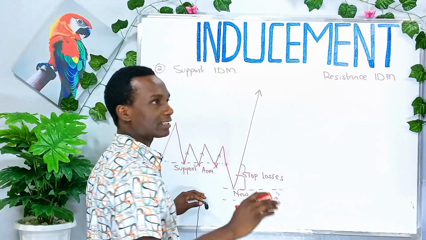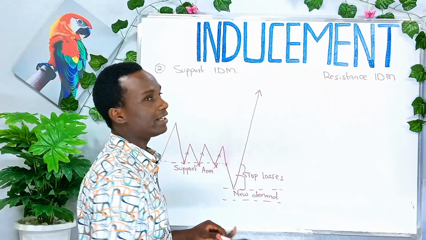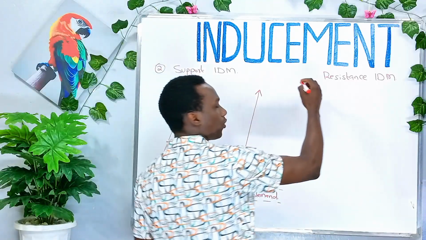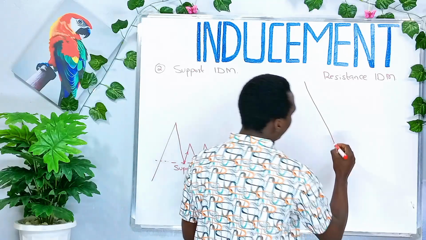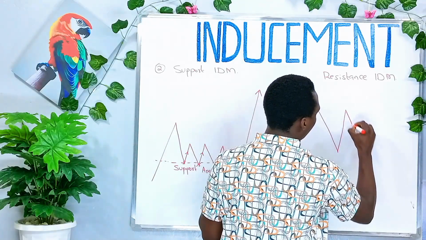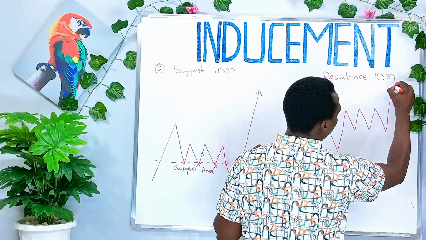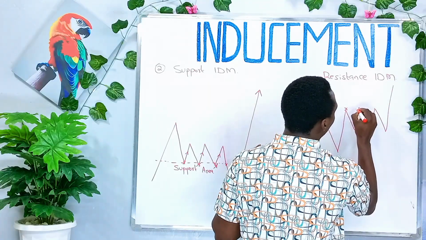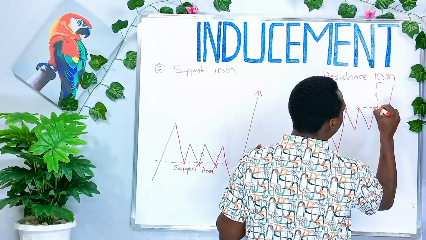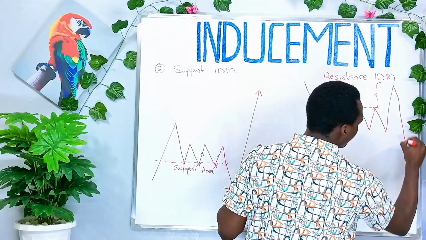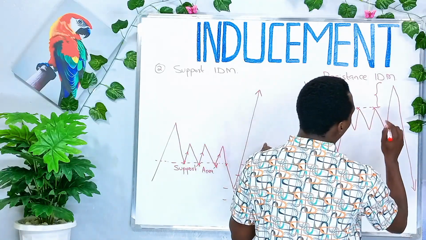The exact opposite is true for the resistance levels. Let's say we were in a downtrend. The trade is moving like that, comes here, forms a consolidation. The price comes here, takes all these stop losses that were placed around here, takes all that liquidity, and we go down in a downtrend.